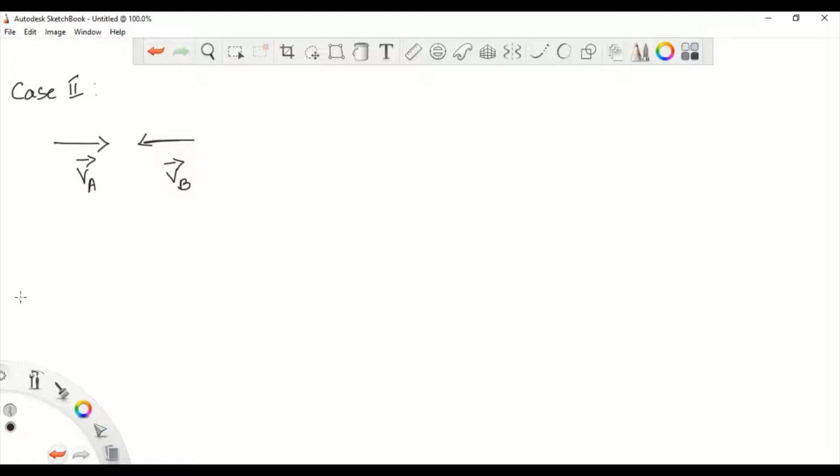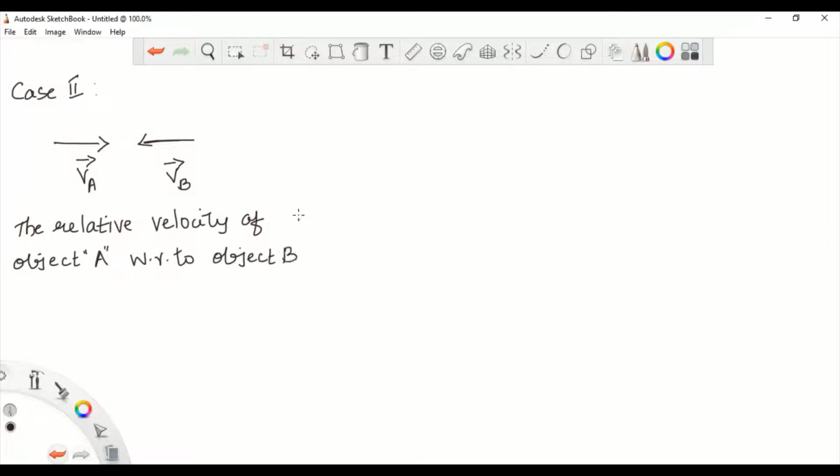Now, what is the relative velocity of object A with respect to object B? So, how will you write this?